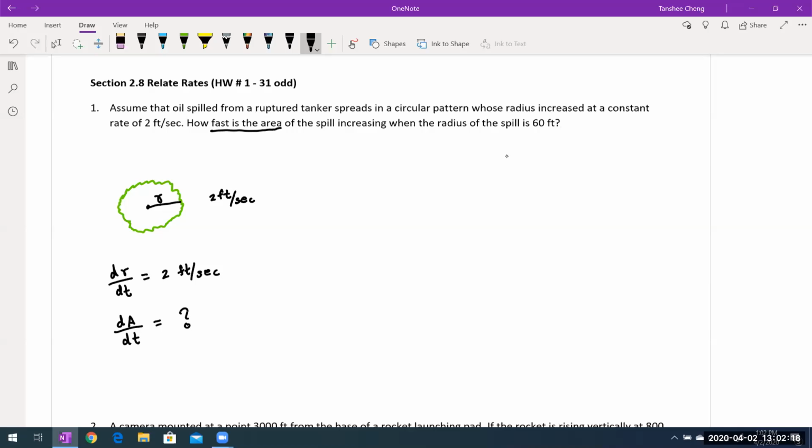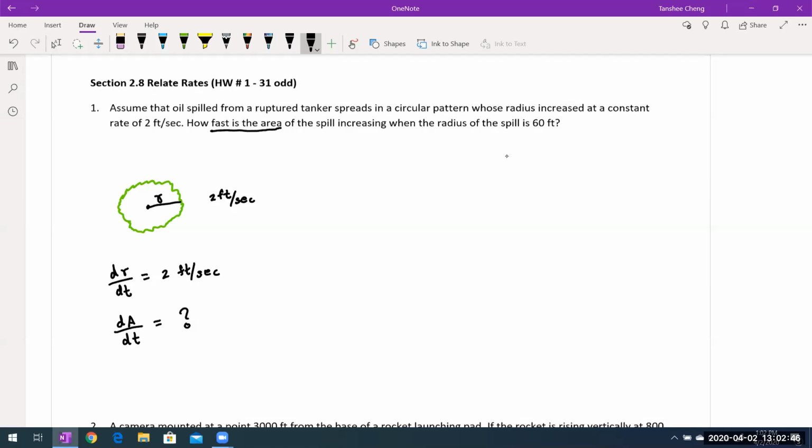And a lot of times this will give you a lot of different values depending on what your radius is. Because when the radius is 1 foot, the rate of change in the area is different than when the radius is 2 feet or 3 feet or 4 feet, and so on and so forth.